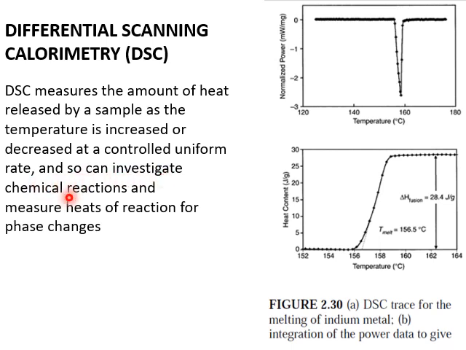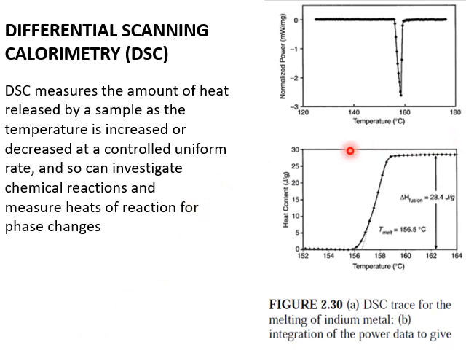So we can investigate chemical reactions and measure the rate of reaction. We can study various chemical reactions, exothermic and endothermic reactions, and we can also use it for the study of phase changes.